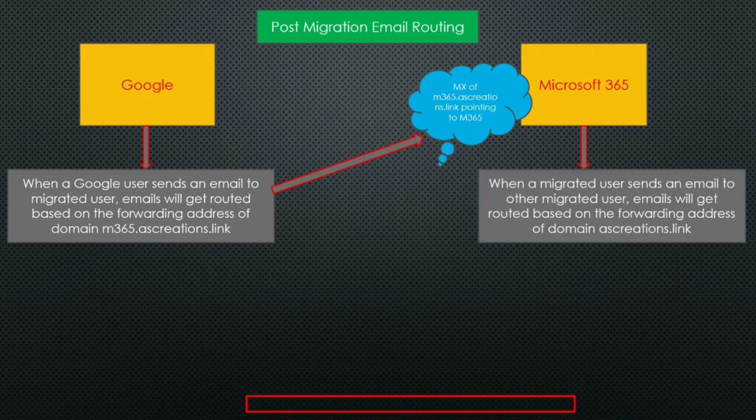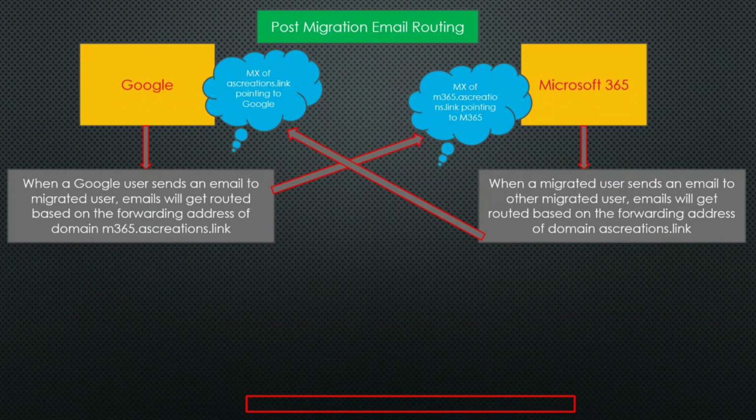On the other hand, if a migrated user sends an email to another migrated user, emails will get routed based on the forwarding address. And as we saw earlier, the migrated user had the forwarding set up to their primary domain, which is ascreations.link. And for this domain, MX is still pointing to Google platform.